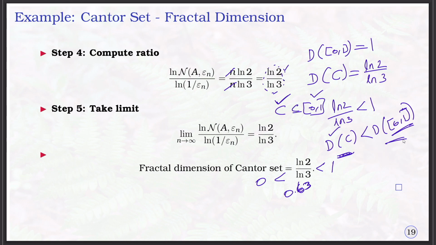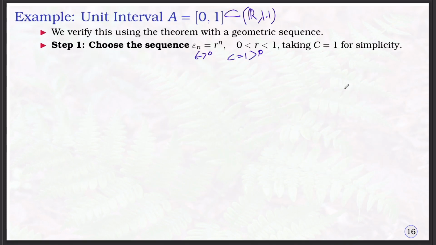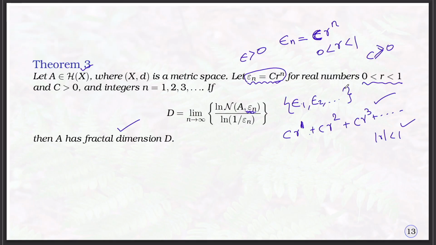One can go to the theorem here. The advantage of this theorem is that, instead of choosing epsilon as arbitrary, if you choose epsilon in a geometric sequence, then one can find the fractal dimension of the object.